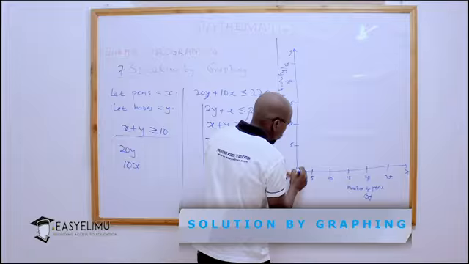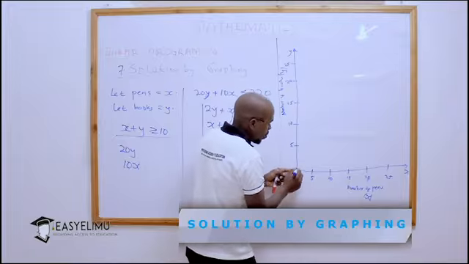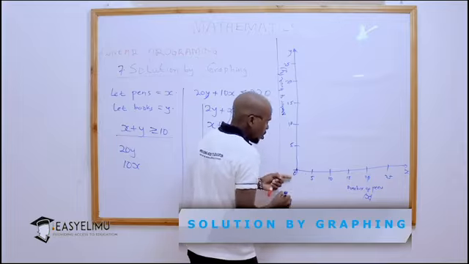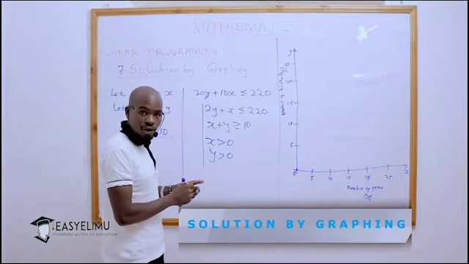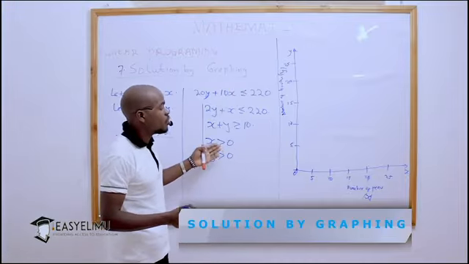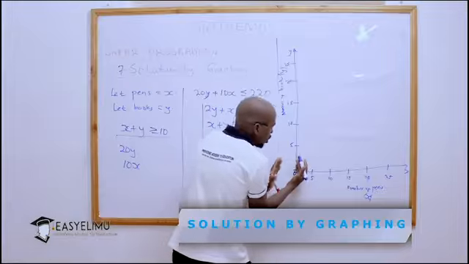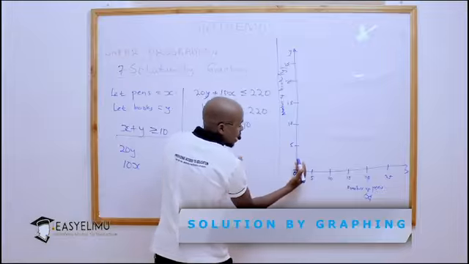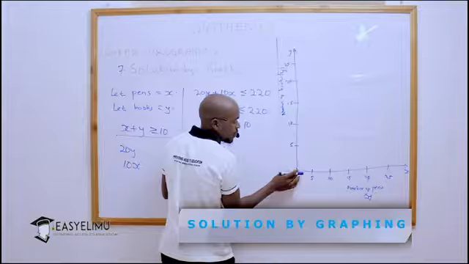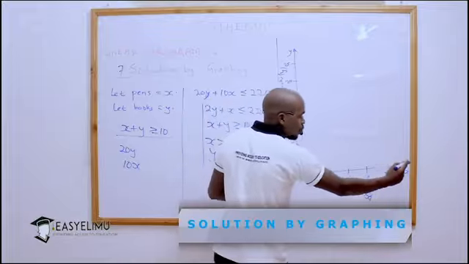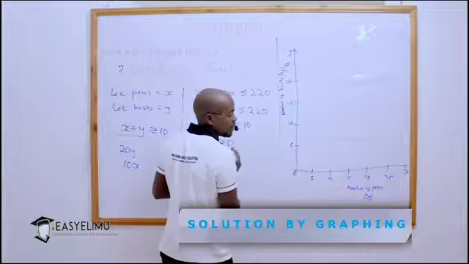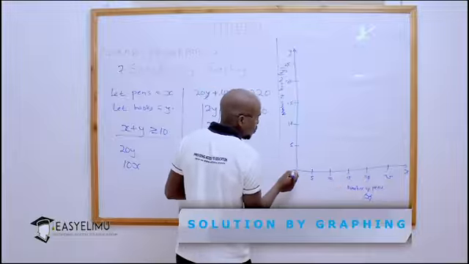If x is greater than 0, the values we get should not go to the negative side of 0. You should go from 0 to positive values, not the negative ones. So the other side will be shaded.